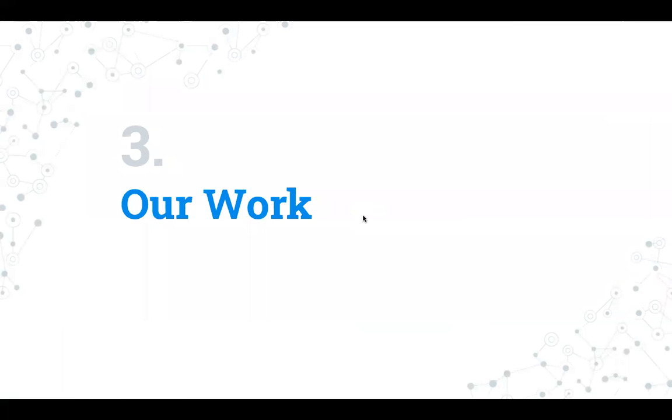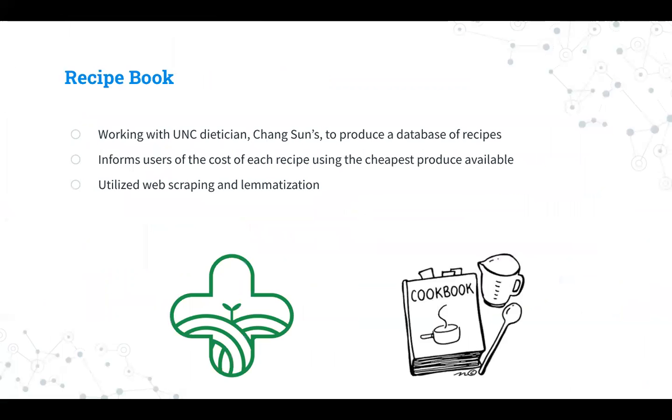Next we'll talk a little bit about our work and what we've been working on this summer. For our first project, we're working with a dietitian from UNC Chapel Hill who produced a database of recipes. Our job is to inform users of the cost of making each recipe using the cheapest produce available.